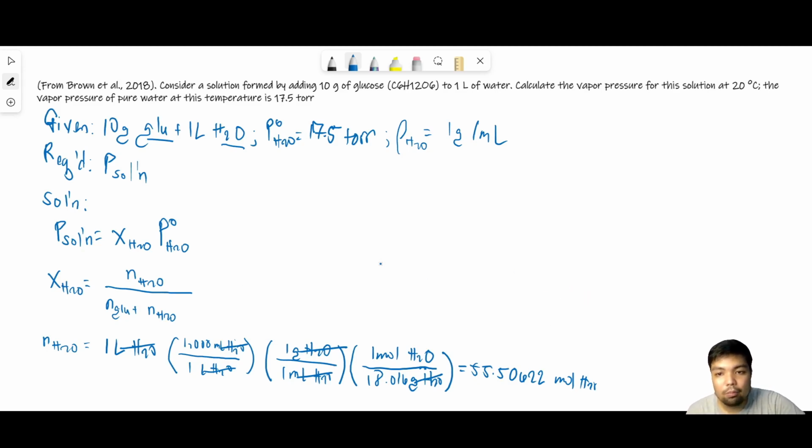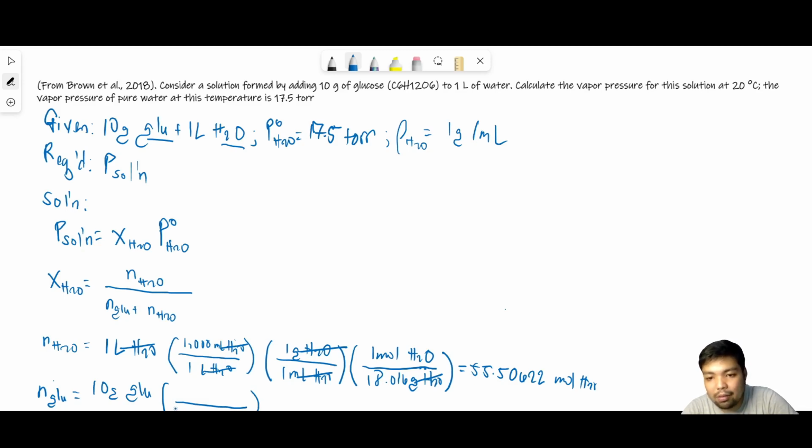Now, since we got the number of moles of water, we will also solve for the number of moles of glucose. I hope it's still visible. Yep, it's good. So the number of moles of glucose is equal to 10 grams of glucose, and we also use the molar mass of glucose.